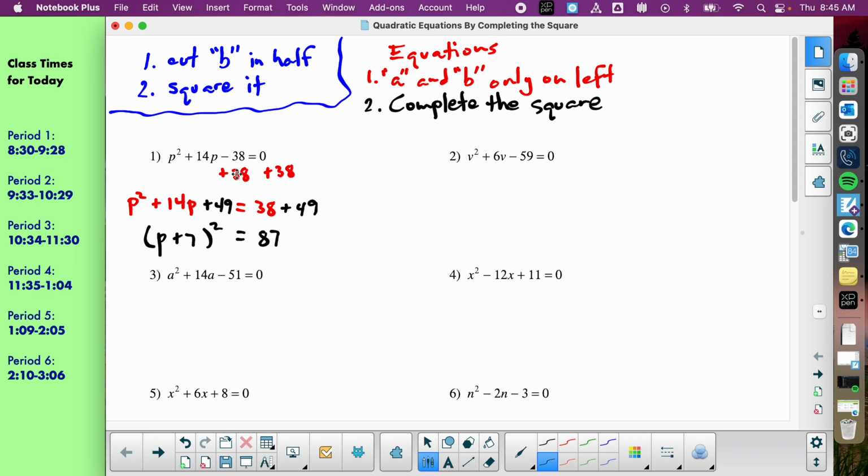Because with the 38, we couldn't factor it. And I get that it may not make sense at first. This is just going to be a method to try to solve problems. It's like when we learned factoring and the quadratic formula, they're just methods to try to solve. So this is going to be one method, and this is probably the least popular one just because of the steps.